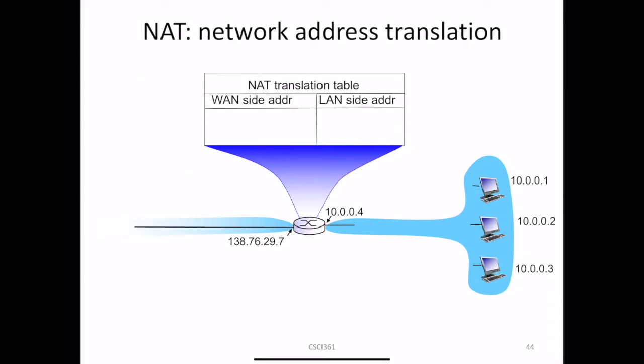Then let's see a NAT example. Suppose this is a home network and the router has a public IP address, which is this one. And there are three devices connected to this home router. We can also see that within the home, the IP address is very different from the public IP address.